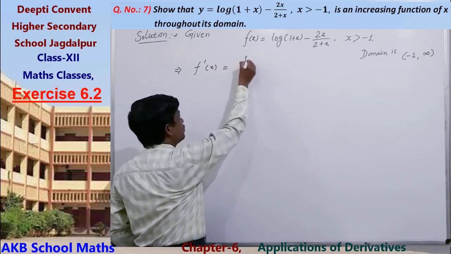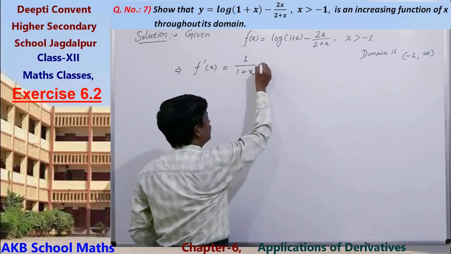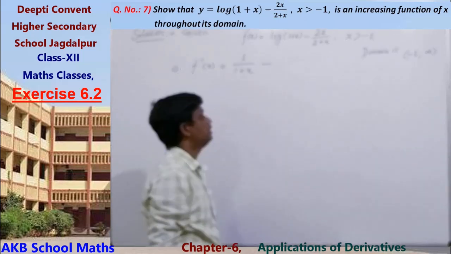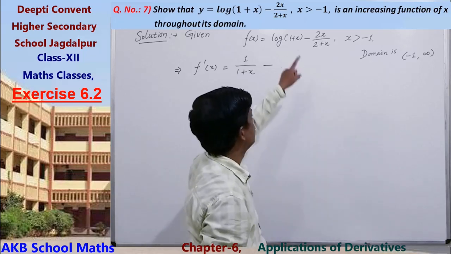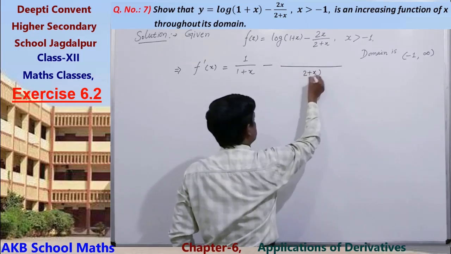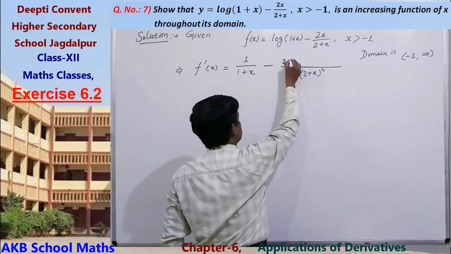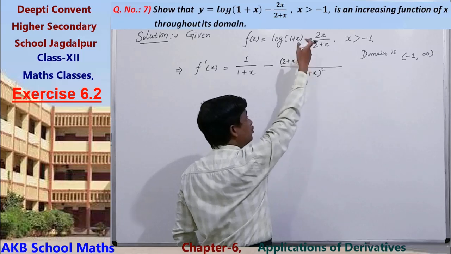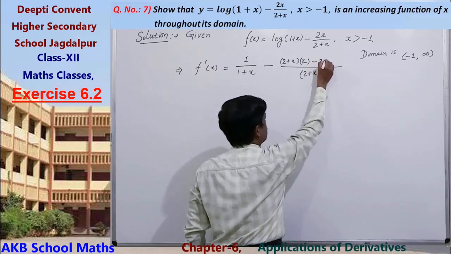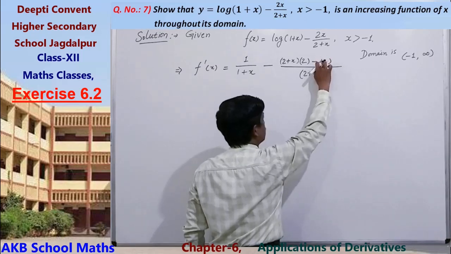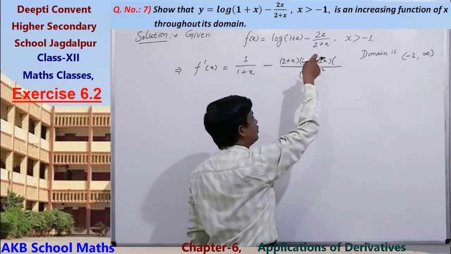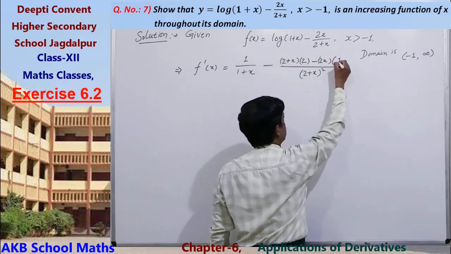Log(1 plus x) has derivative 1 upon 1 plus x into 1, minus the derivative of this function, which we can find using the quotient formula: denominator into derivative of numerator, that is 2, minus numerator into derivative of denominator, 2 plus x, that is 1, upon denominator square. Okay.